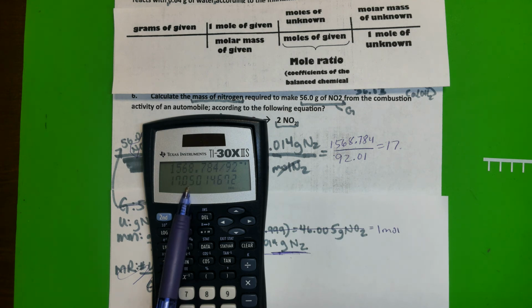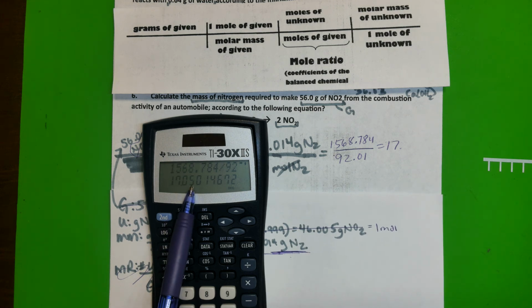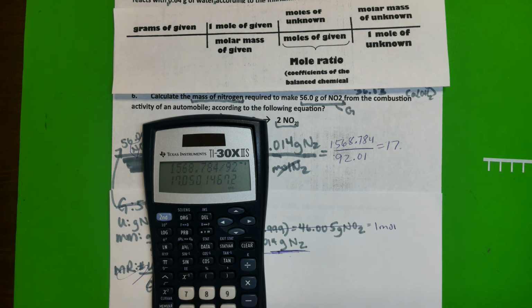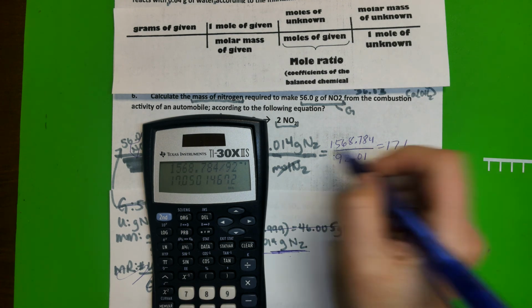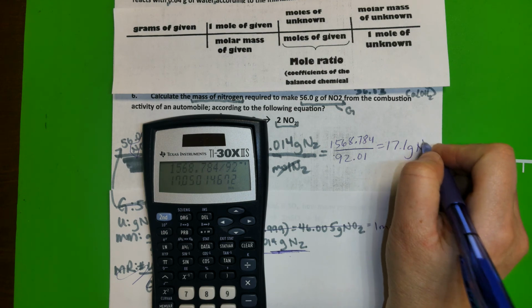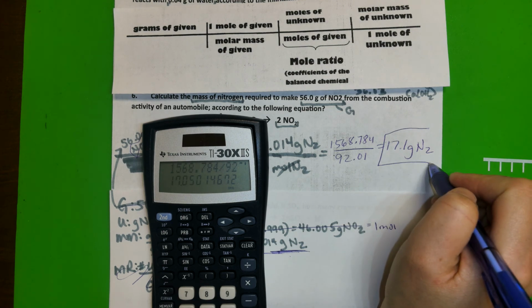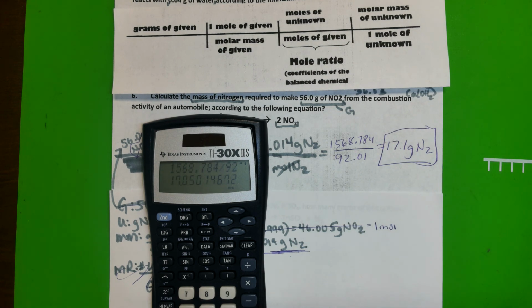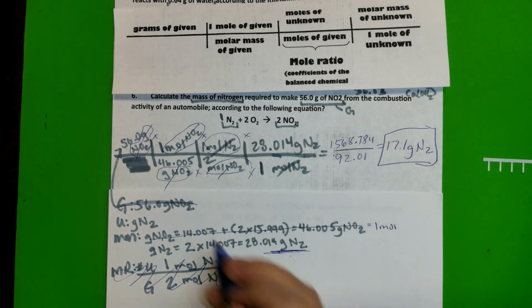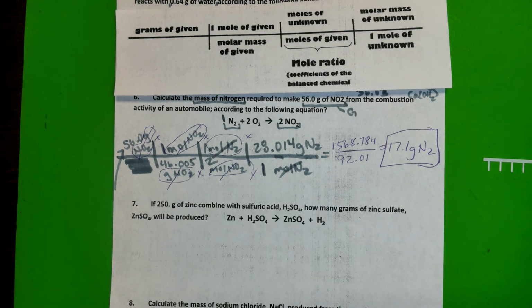So we'll go ahead and put 17.1. Why are we putting a 1? Because the next digit is 5 or more. So that will be 17.1, and of course, it's grams of N2. So that's a wrap, you guys. We already did this one, and we are done.